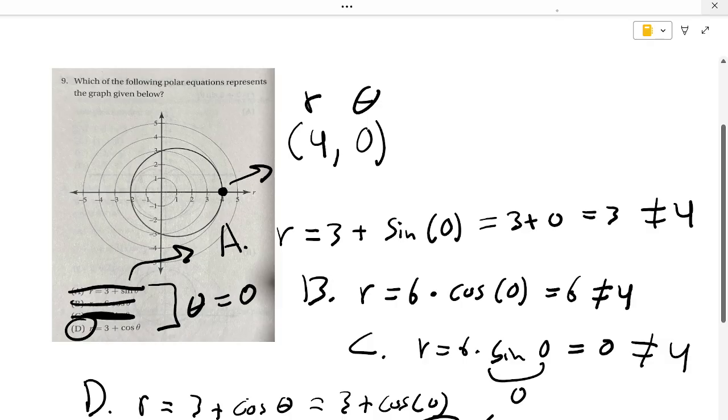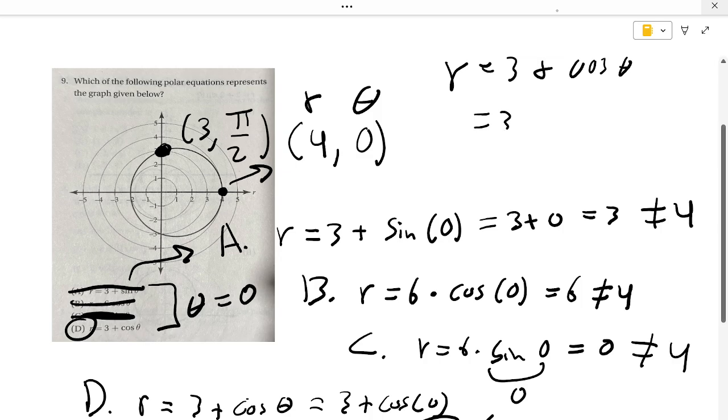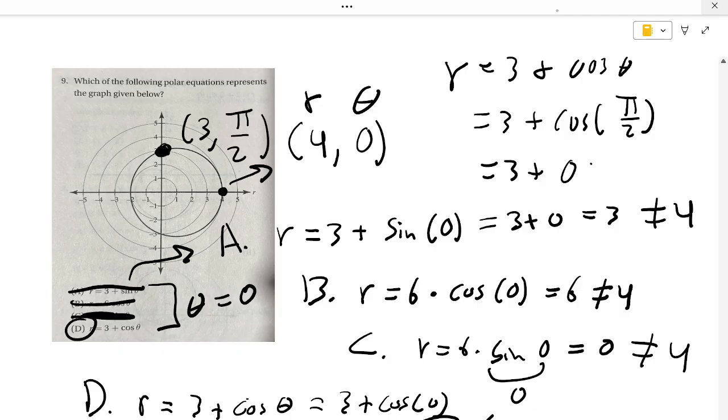We didn't really need to go through D, because we already used the process of elimination, but if we check another point over here, just to be sure, (3, pi over 2), if we plug that into r equals 3 plus cosine of theta, we get 3 plus cosine of pi over 2, which is 3 plus 0, and that's 3.